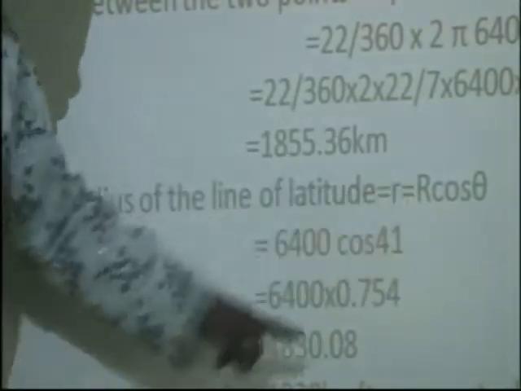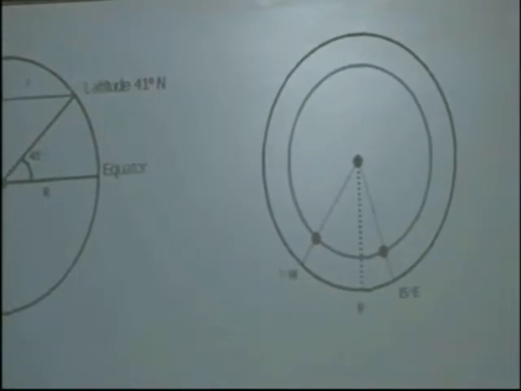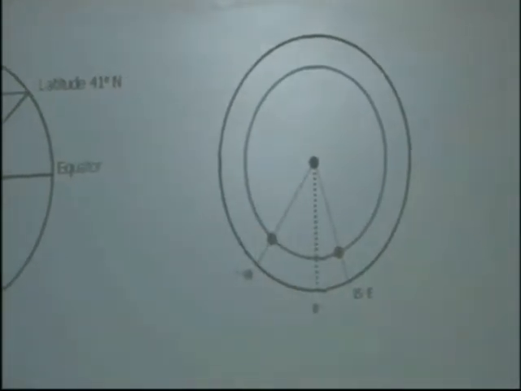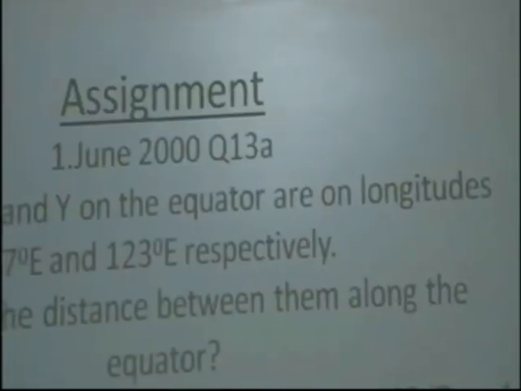R cos theta. R has been given as 6400, and cos theta is cos 41. You can see 7 on this side, 15 on this side, you add them together to get 22.